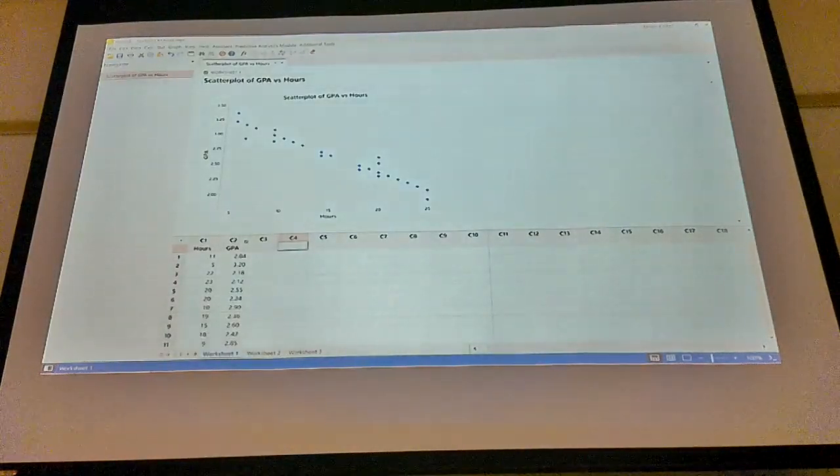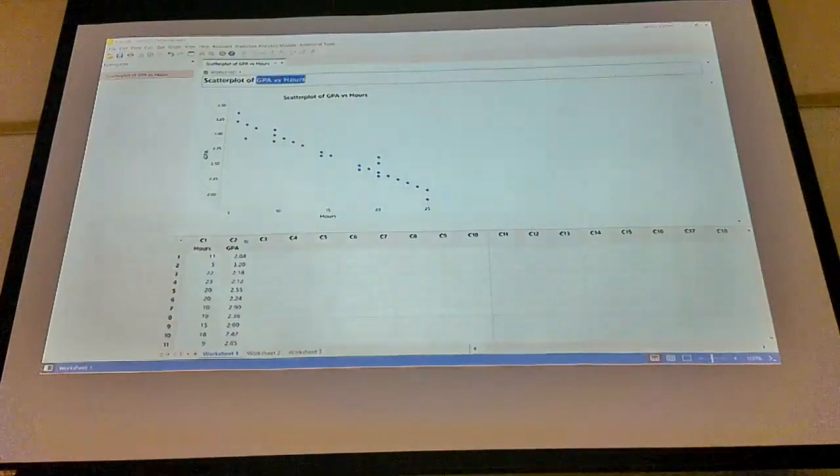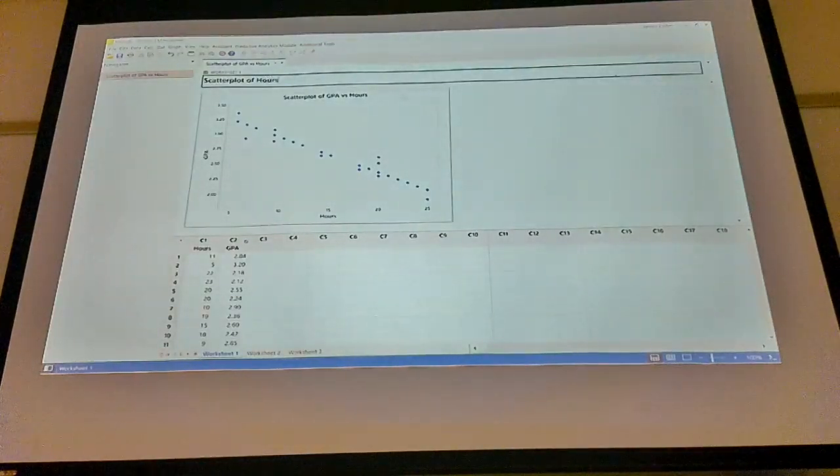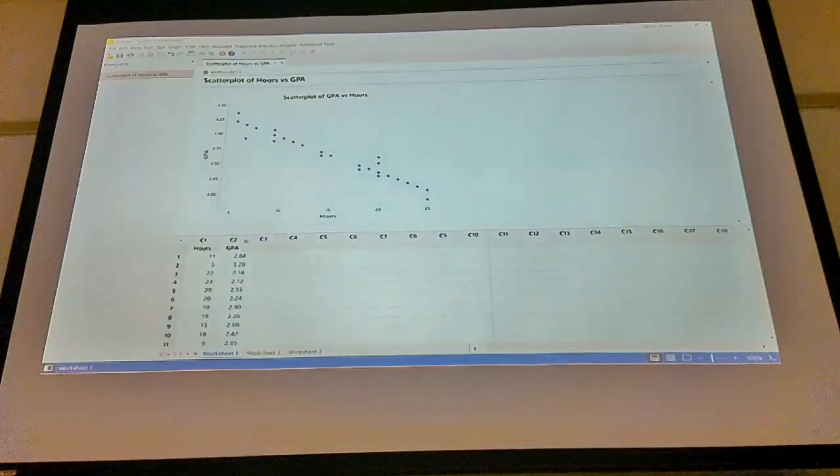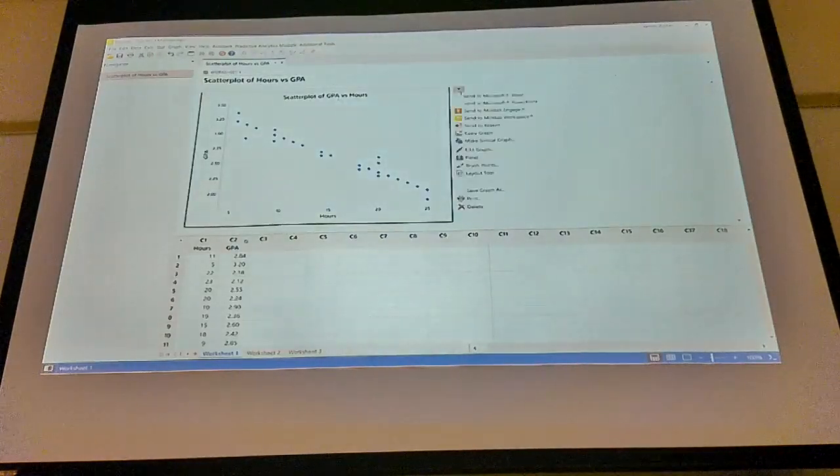Once you enter the data, oh wait, can I change this? It changed this up here, but not this. Why is it not letting me edit?